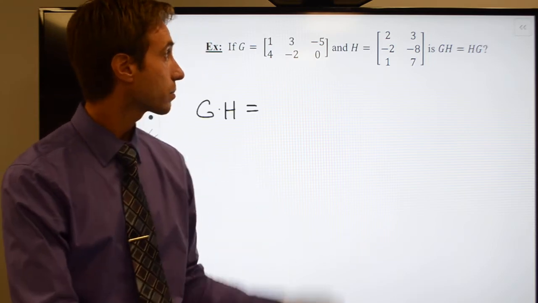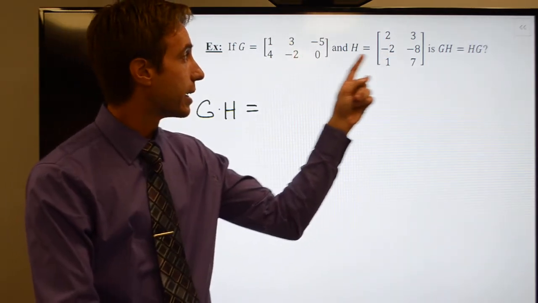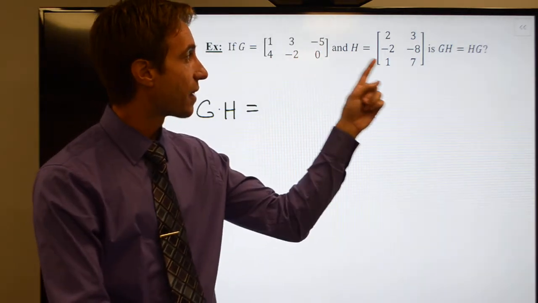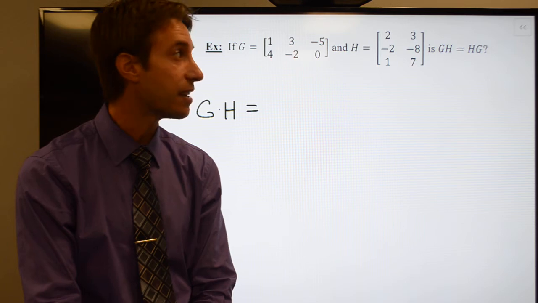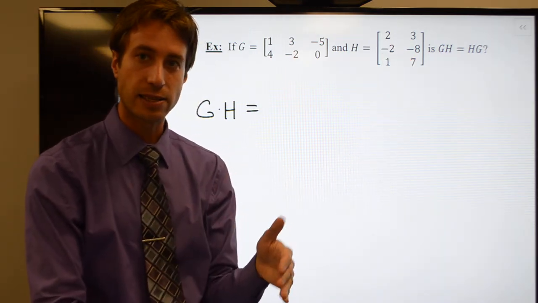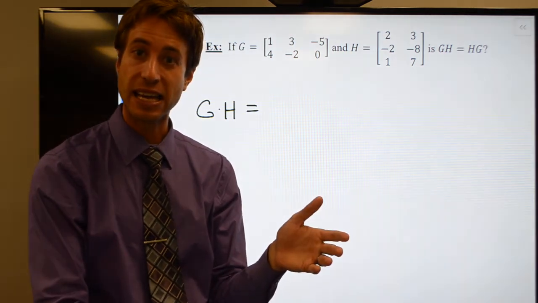Here we go. 1 times 2 is a 2. 3 times a negative 2 is a negative 6. Minus 5 times 1 is a negative 5. So here's what I've got. I've got 2 minus 6 minus 5. Well, a negative 6 and a negative 5 is going to be a negative 11.